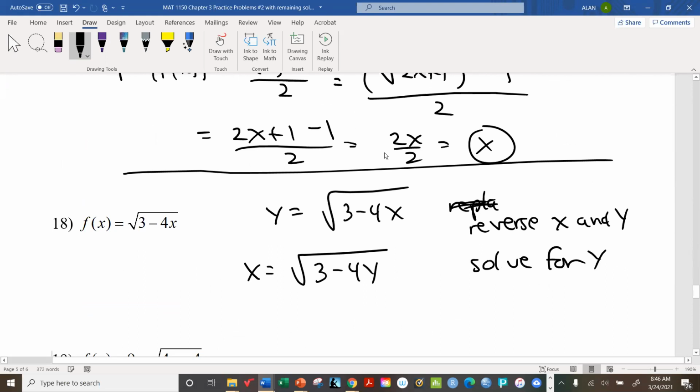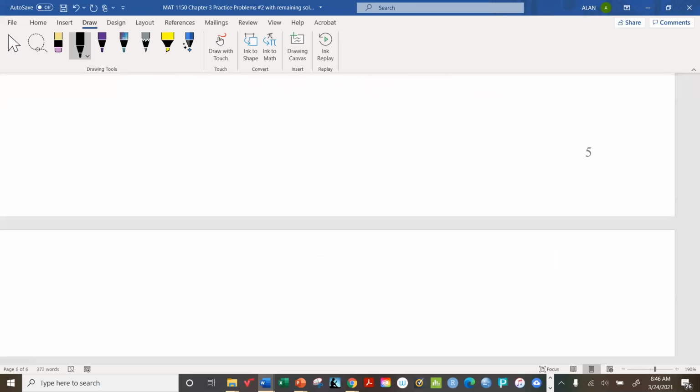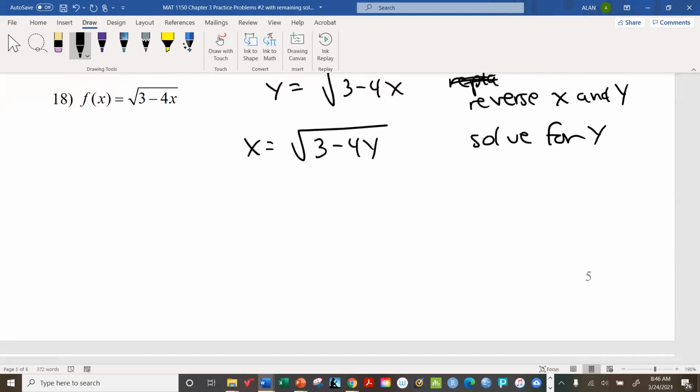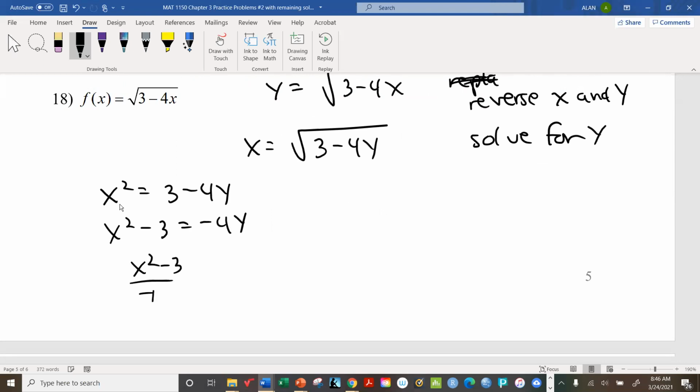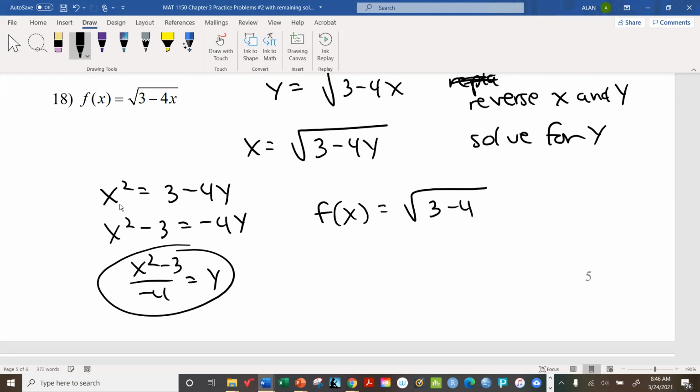All right, now, of course, it might be a pain to do this, but the process is very straightforward. So let's square both sides. Subtract 3 from both sides. And now we divide out by that -4. So the original function was radical 3 minus 4x.